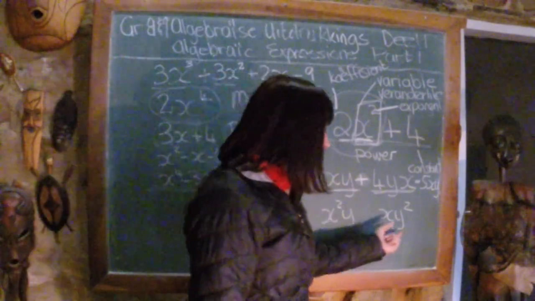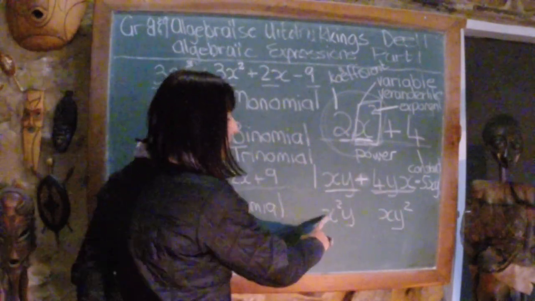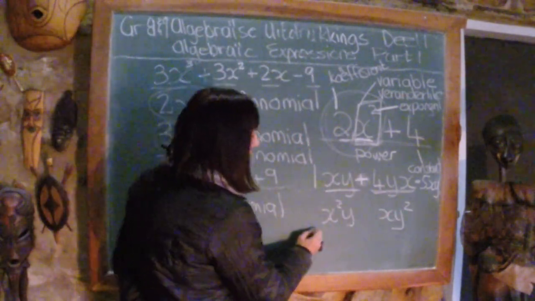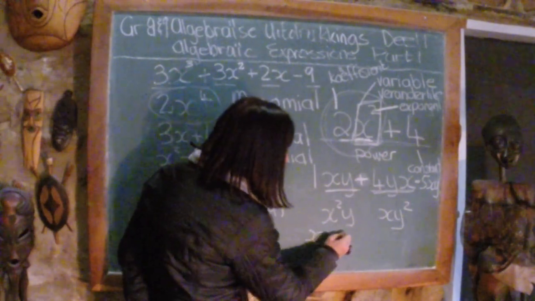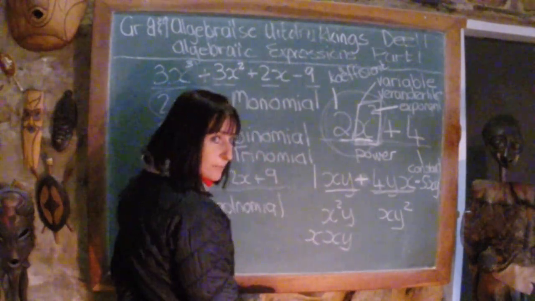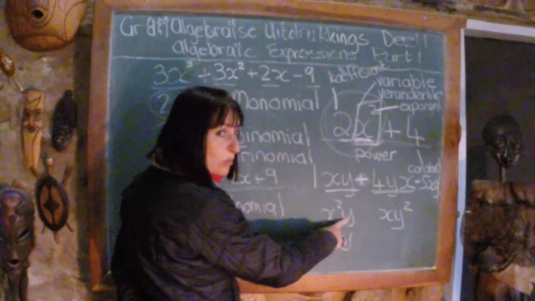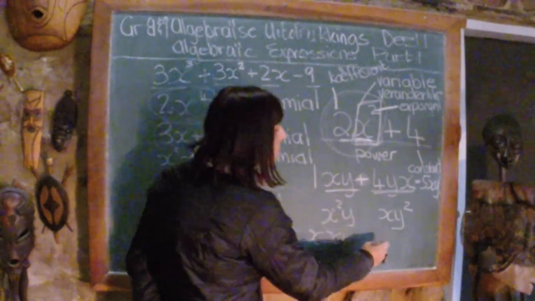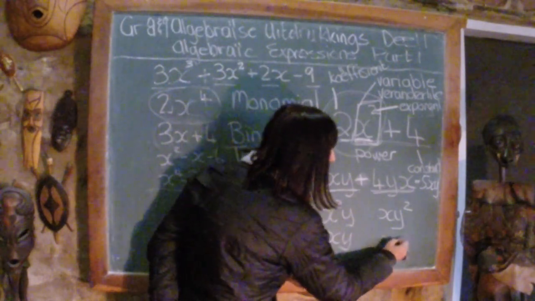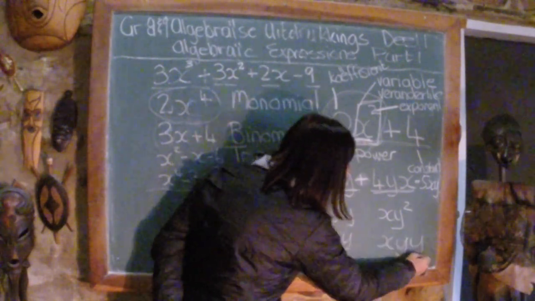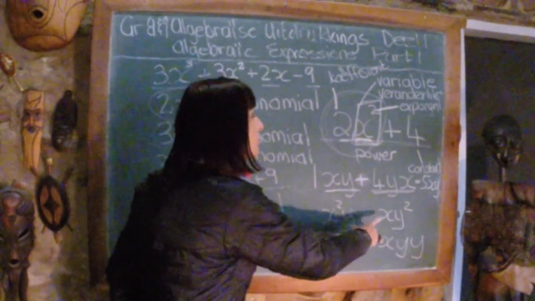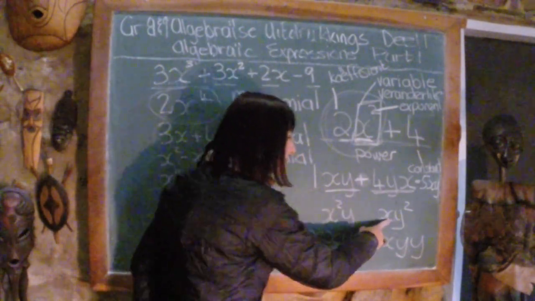But if we look at this 2, there's 2 x's, x squared beteken x maal y. Sien julle saam met my? X times y is the same as x square y, isn't it? That one is x times y times y. Because it's 2 y's, 1 x.